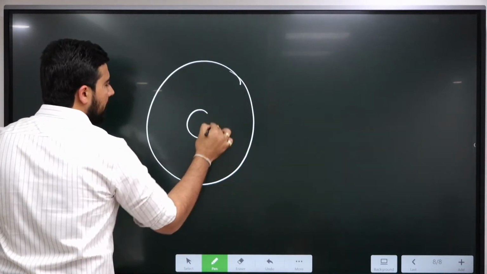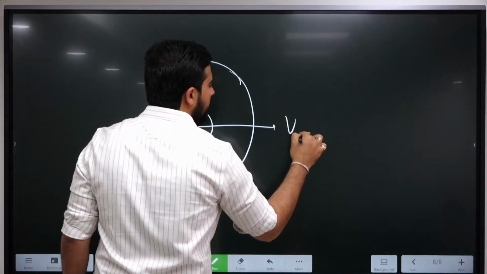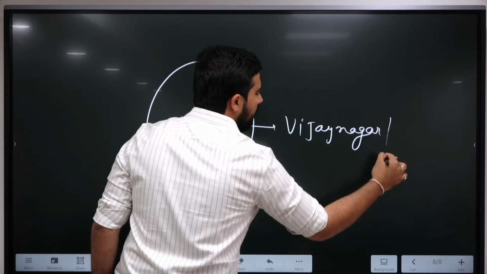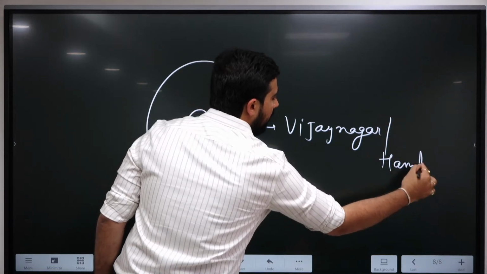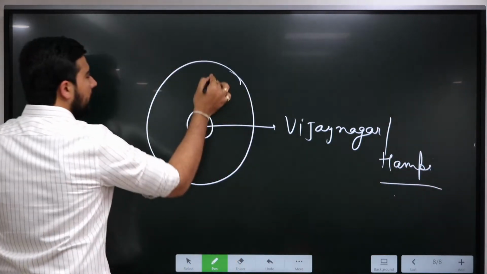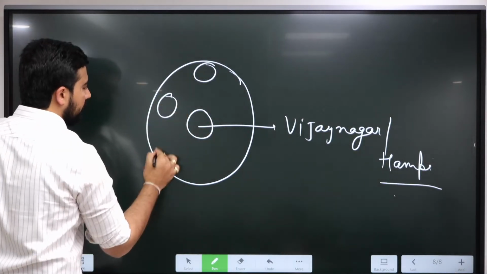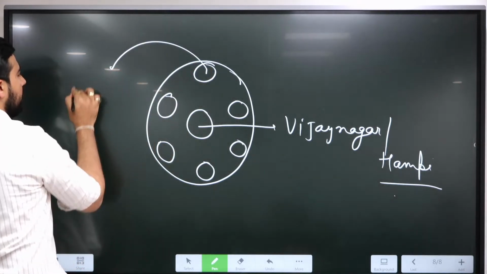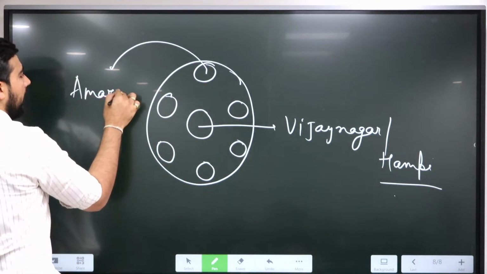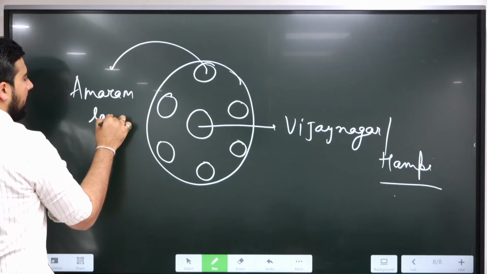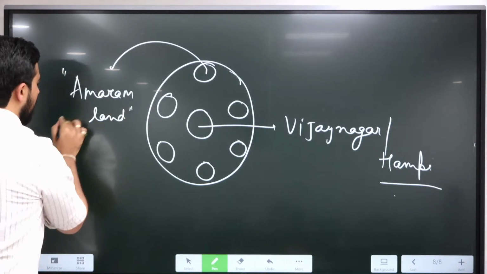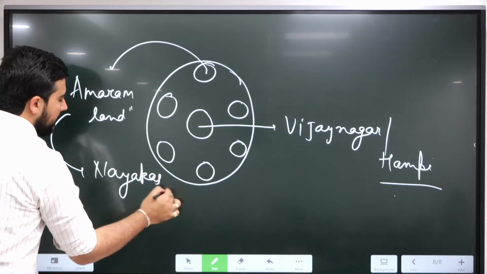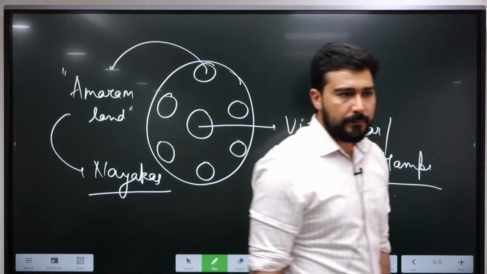Just like this, the capital was Vijayanagar itself, also known as Hampi. The outer areas were given to military commanders, and this was known as Amaram land. The land was given to military commanders, and these military commanders were known as Nayakas.